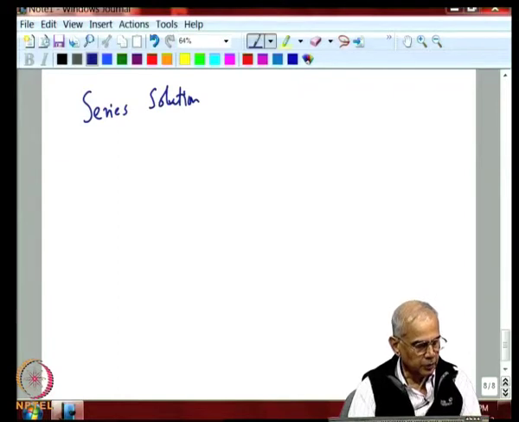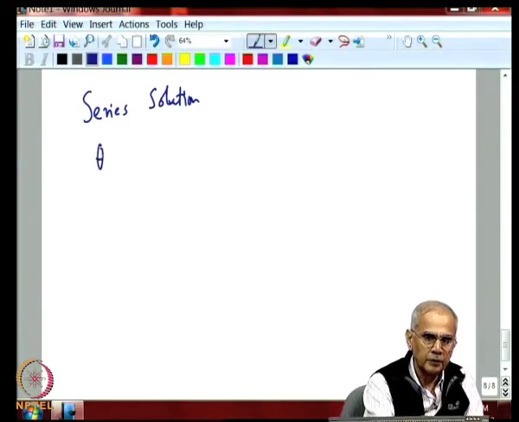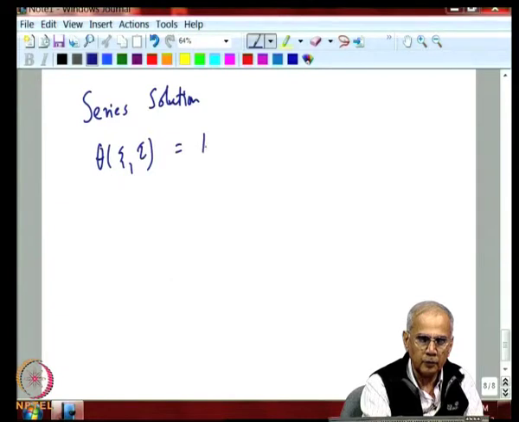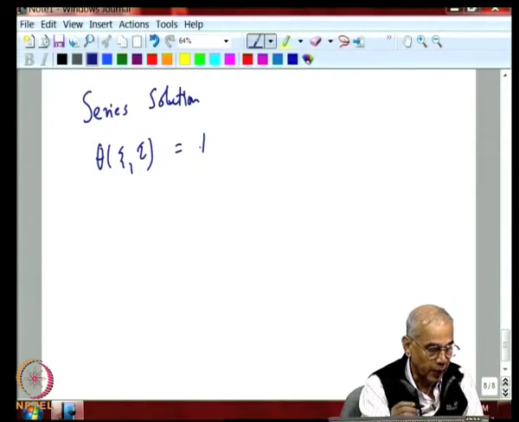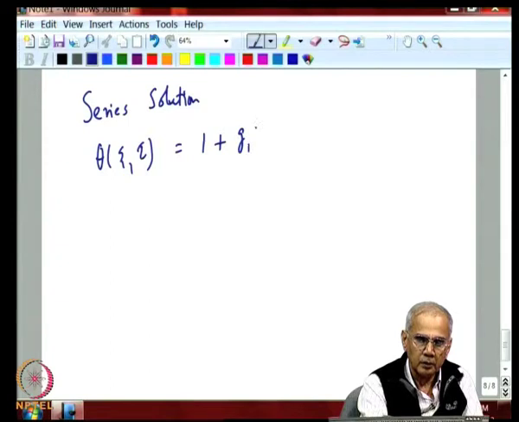In a series solution, you expand the temperature profile, which depends on x coordinate and the y coordinate, in terms of the value at psi equals 0, which is equal to 1, and hope that you can expand this in the following form.